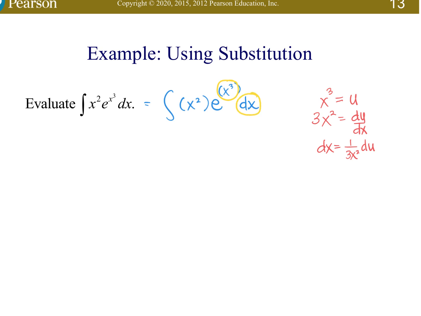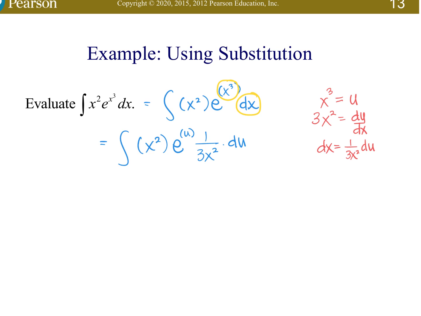We do not choose the e, just like we did not choose the sine. e is the type of function it is, but it's the x squared part that we want. So then we're not going to worry about this x squared right now, and e will be to the u in parentheses. And then we'll have 1 over 3x squared times du.